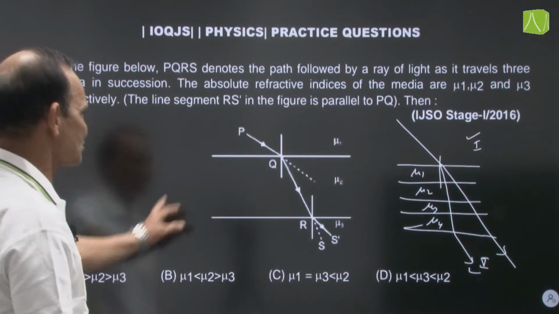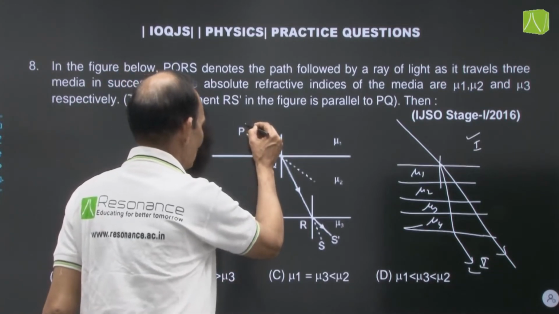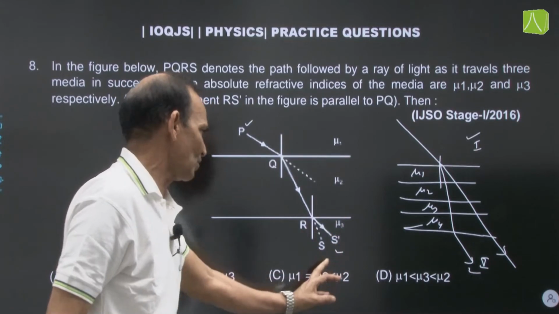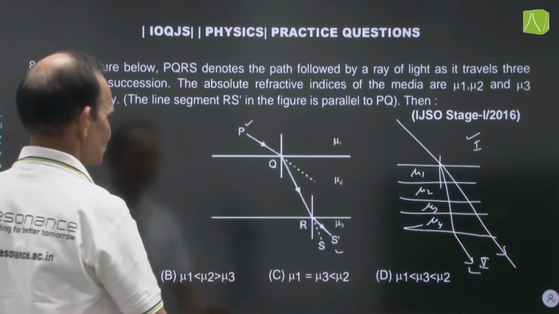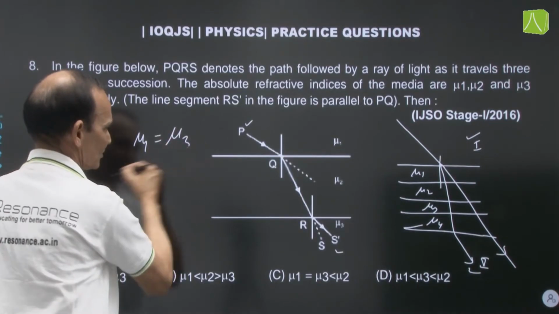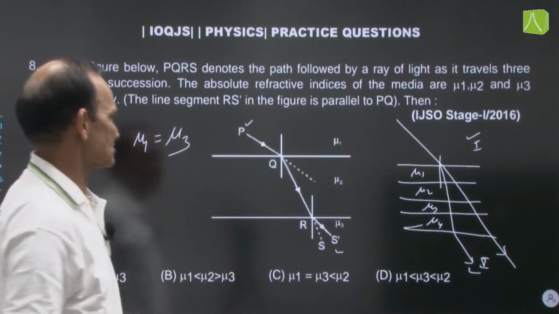Now think about the question, this PQ and RS are parallel. It means the first medium and the last medium are equal, so we can say mu1 is equal to mu3. Now think about this second medium.